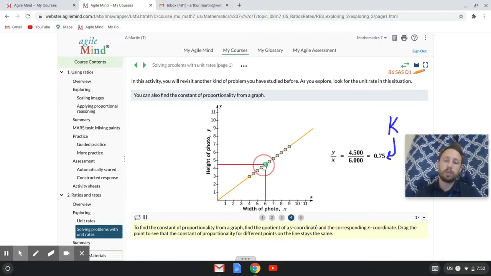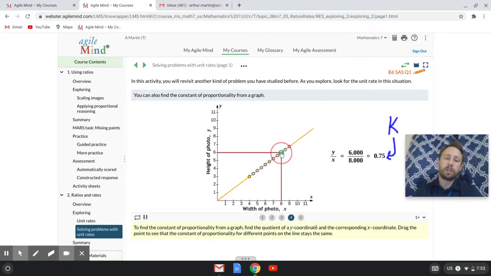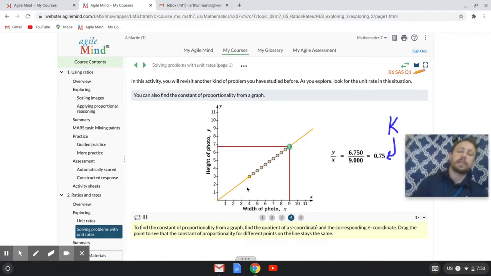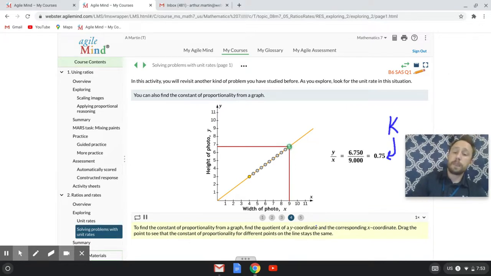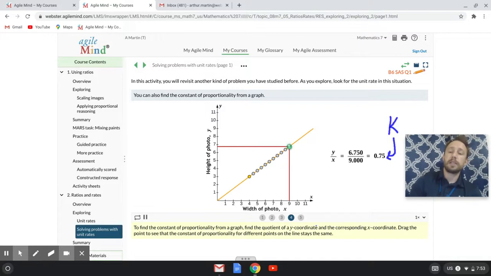Notice how each time that we do y divided by x, as long as we're on this perfectly straight line that passes through the origin, we know that we have a constant of proportionality. And this is representing a proportional relationship. So therefore, each one of these that we do y divided by x on this line that we've graphed is going to have the same constant of 75 hundredths.